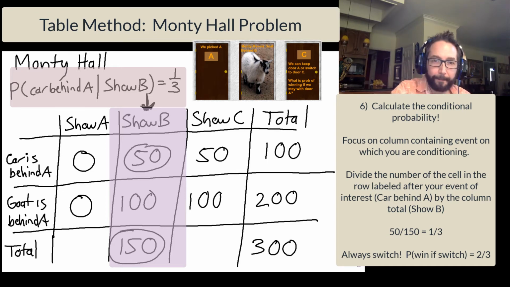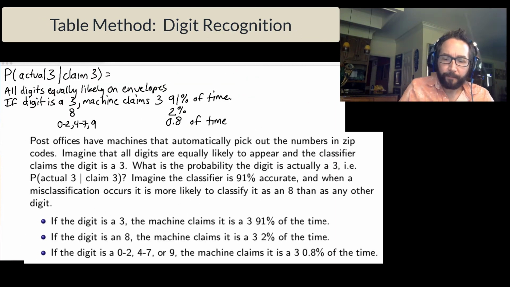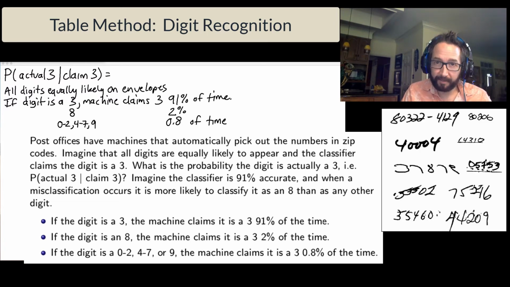For the last problem that I want to illustrate with the table method, I want to talk about the post office. So the post office has machines that read in what's written on the top of an envelope, and they have a digit recognizer that most of the time does a pretty good job at identifying what digits are written.